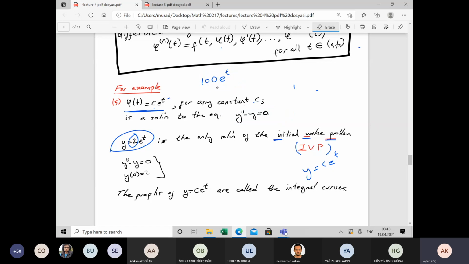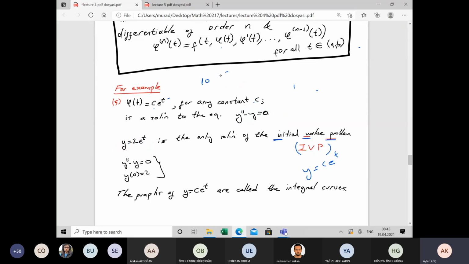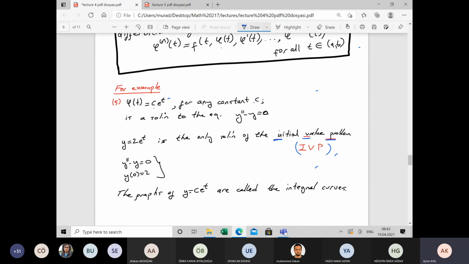And the next one, take C equal 2. This one is the only solution of the initial value problem.